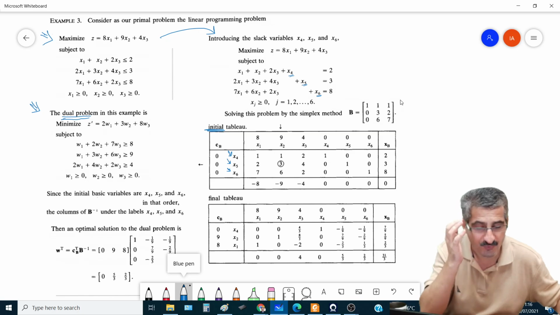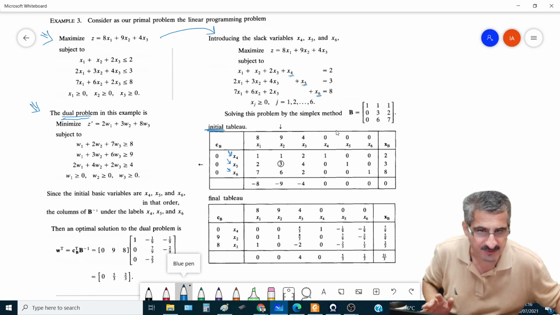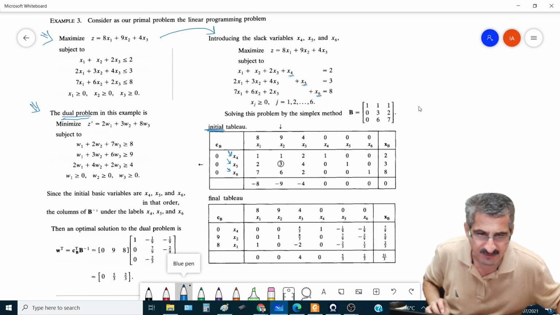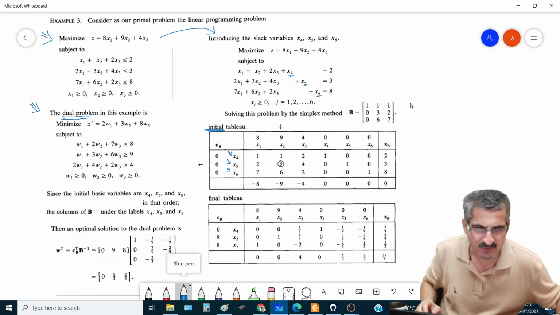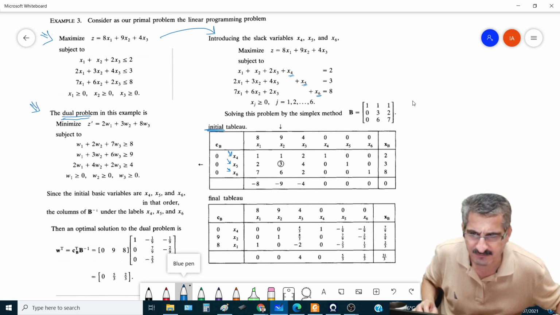Under x4 and x5, sorry, what is the matrix B here? We got it by solving this problem using the simplex method. Okay, B here is what?